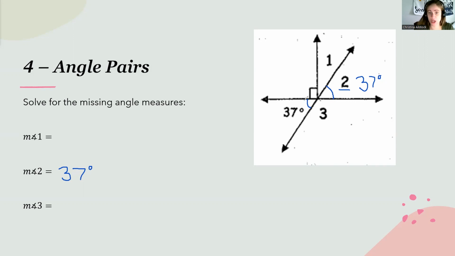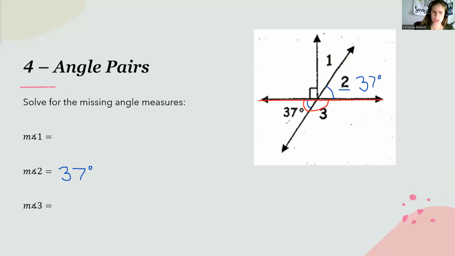The next thing I notice is that if I go back to the angle that I was originally given, this 37 degrees right here, that angle and angle 3 form a linear pair. And remember, we said a linear pair means they form a straight line, meaning they equal 180 degrees.